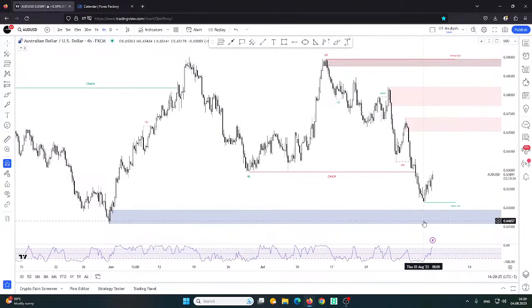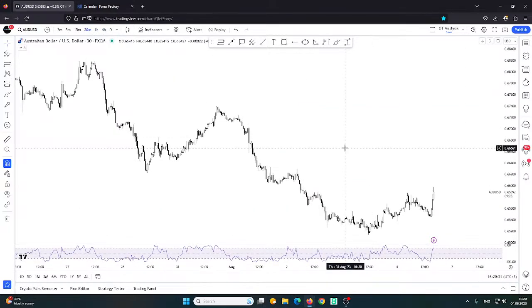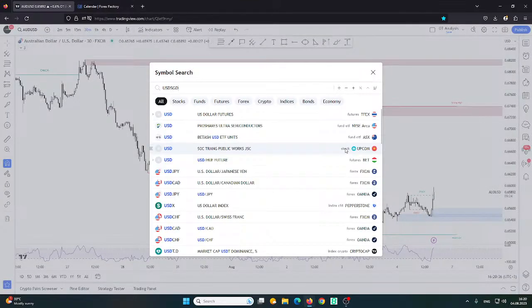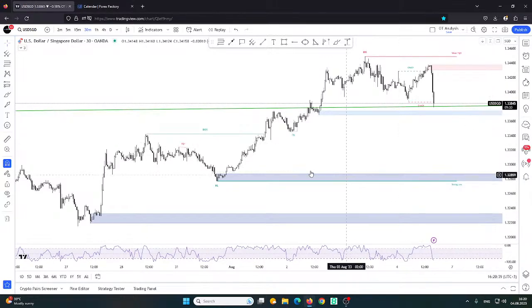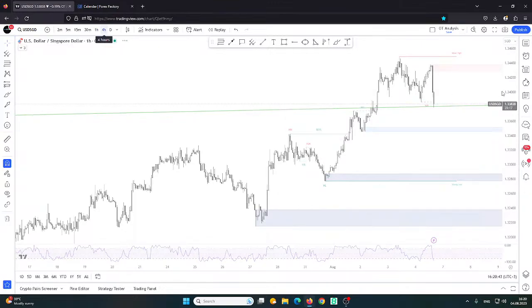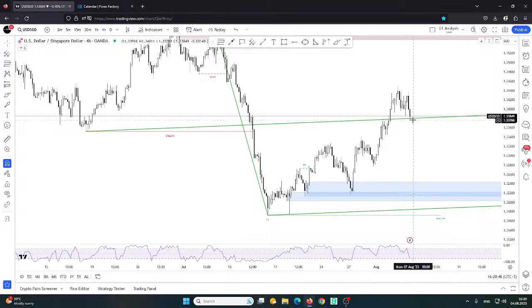But here it has failed to hit this demand zone on the 4 hours, so maybe only New Zealand dollar, US dollar. US dollar, Singapore dollar. Let's take a look. US dollar, Singapore dollar, bad support here, my medium line.